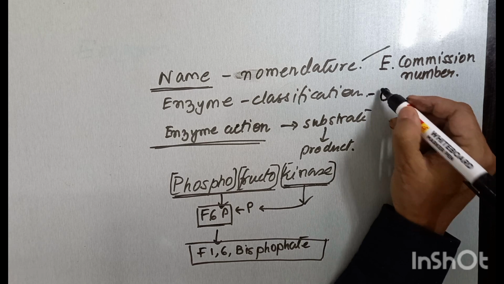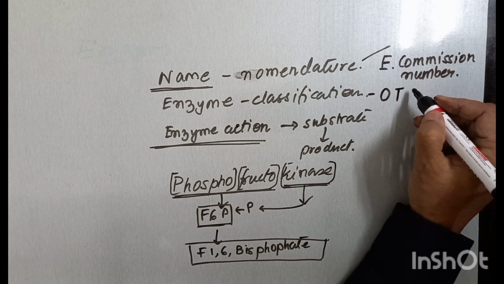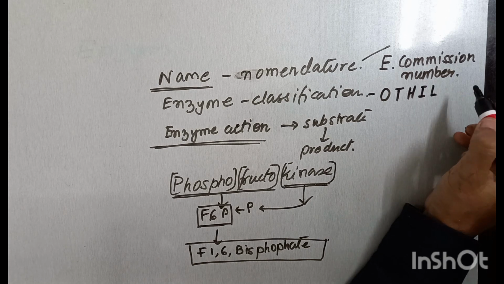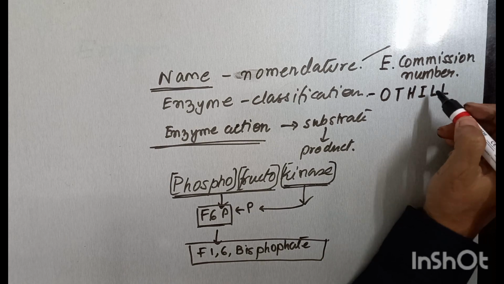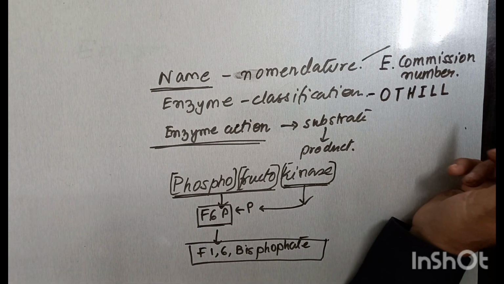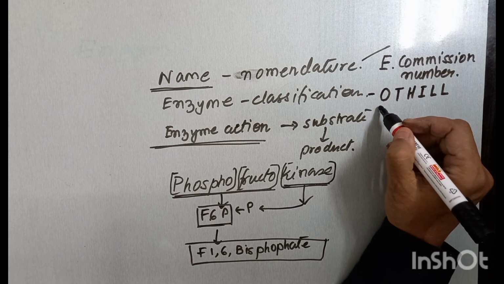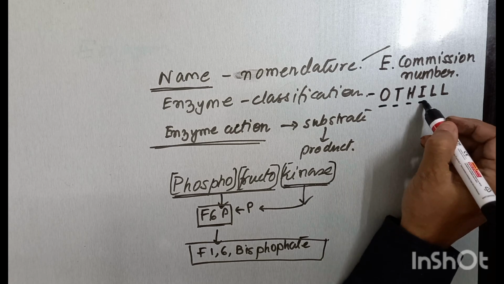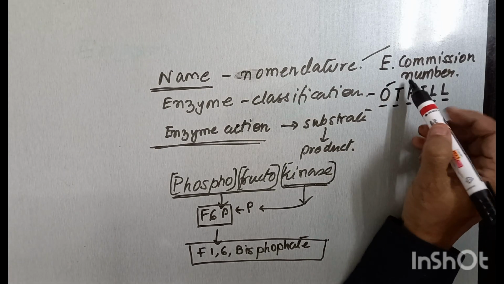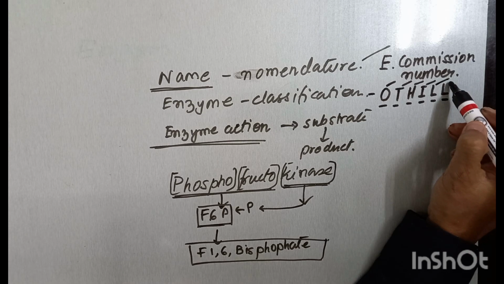Those classes are O for oxidoreductase, T for transferase, H for hydrolase, I for isomerase, L for lyase, and another L for ligase. In a nutshell, whatever enzyme is present inside our body or on earth, we can classify them into these 6 groups: 1, 2, 3, 4, 5, 6. Oxidoreductase, transferase, hydrolase, isomerase, lyase, and ligase.